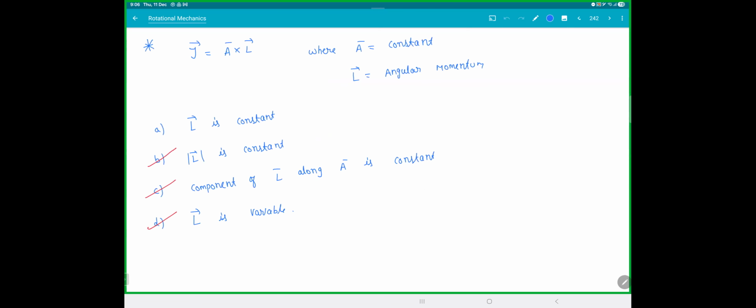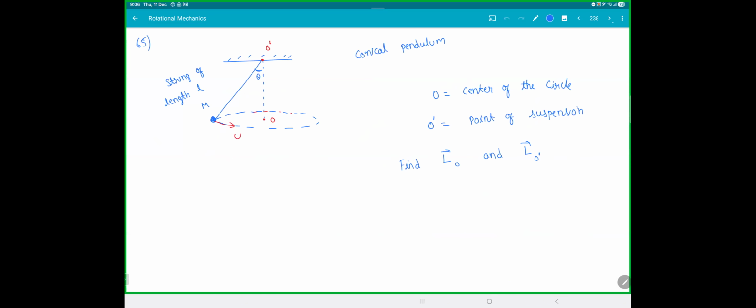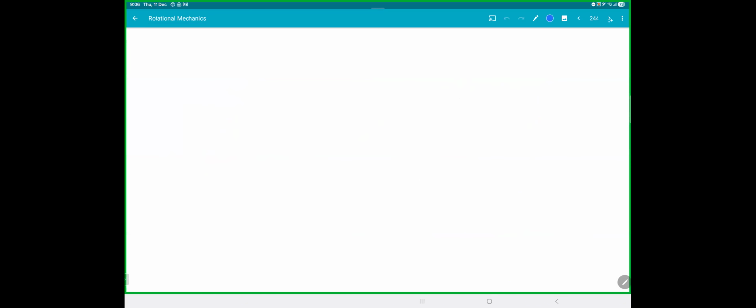So next thing. We have a rod here, mass m, length l. Here we have an insect, mass m.